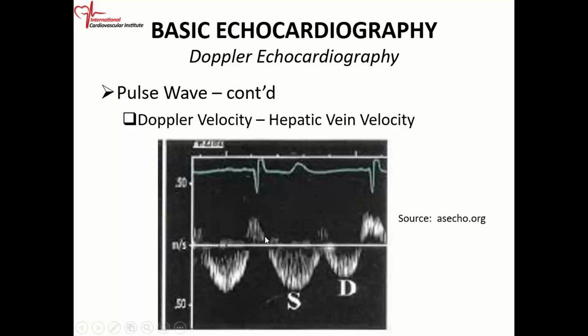And you're going to get a systolic component and a diastolic component and an atrial flow reversal. So this is what the hepatic vein flow looks like. Systolic component, it's moving away from the transducer, hence it's below the baseline. Systolic component, diastolic component, atrial flow reversal. Okay? And this is a pulse wave Doppler measurement.